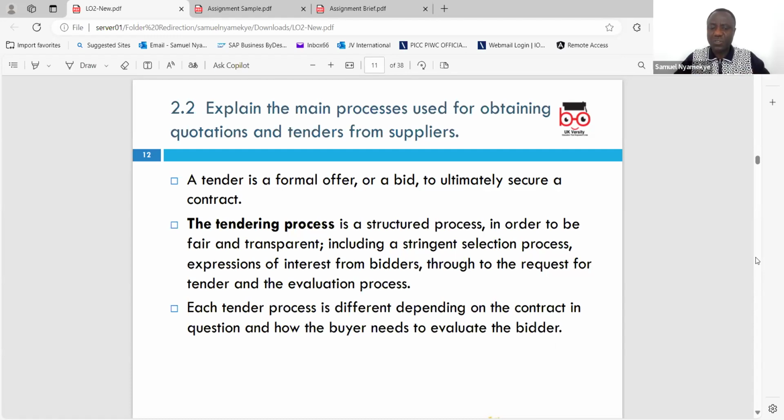In addition to that, we want to put certain things in place to make it fair. And we are also using the word stringent, which means that it's going to be competitive. So you should realize that there are other prospective suppliers also in it, so you have to prove yourself why you should be given the contract. So basically, that is what we are saying.